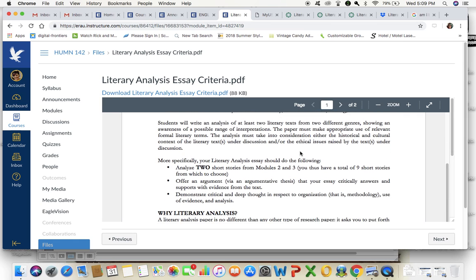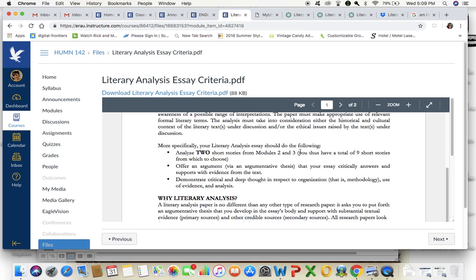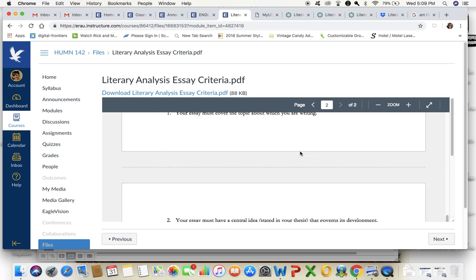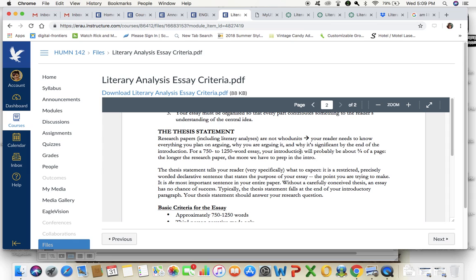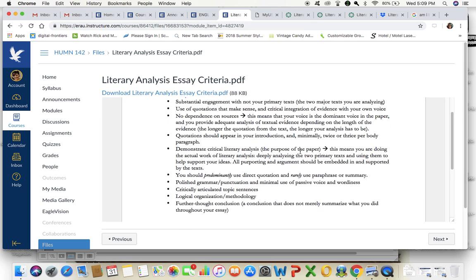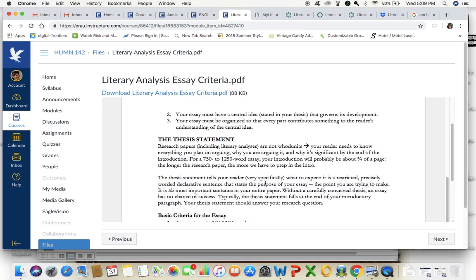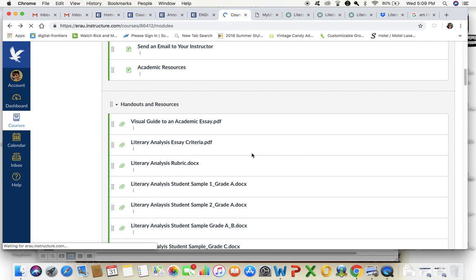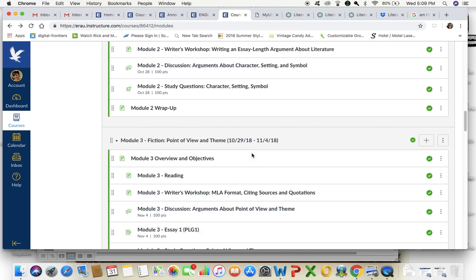Then I take you through what you want to do, just some reminders. I talk about why we write literary analysis and what some of the important things are that you want to remember. I talk about what the thesis statement should be doing, and then I provide some basic criteria for what I'll be looking for in this paper. These are all meant to supplement what's provided for you in Module 3.